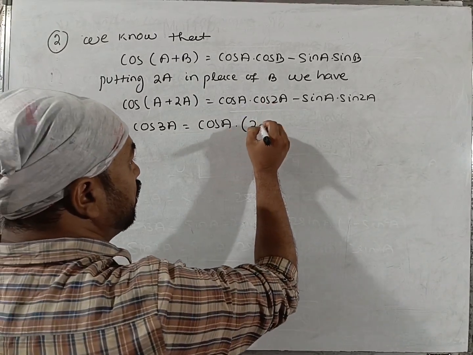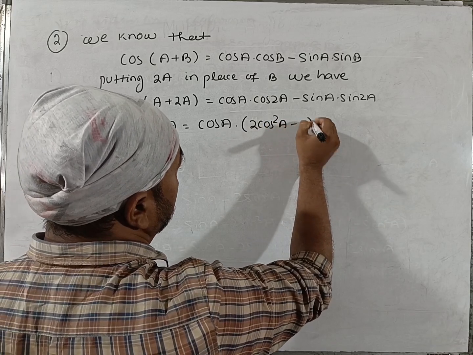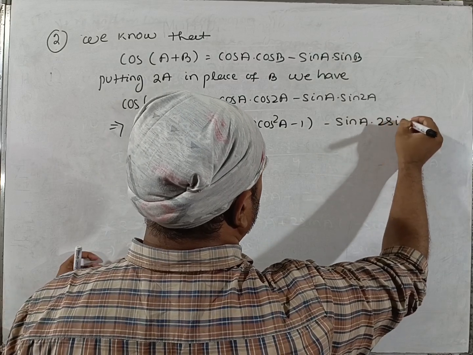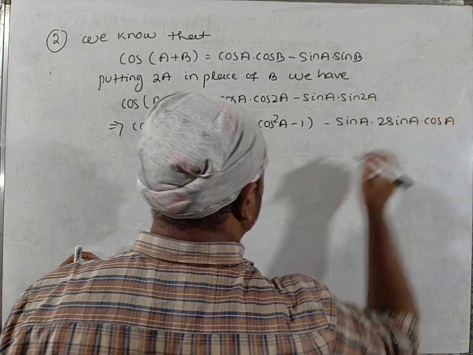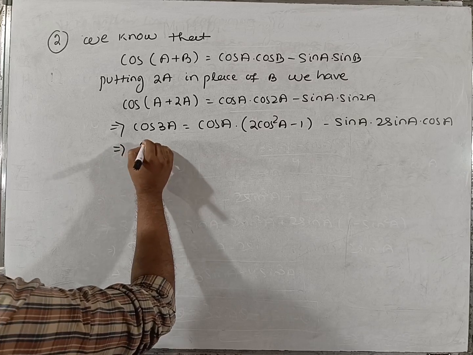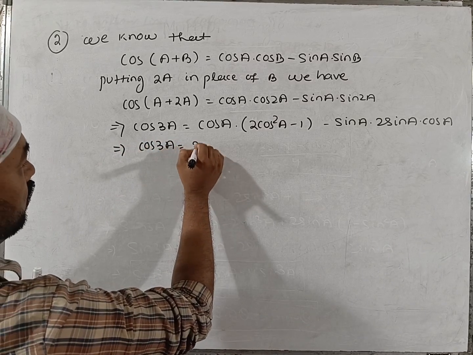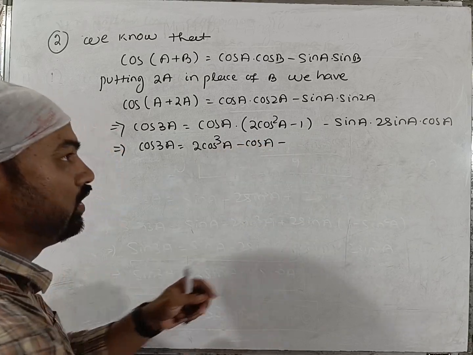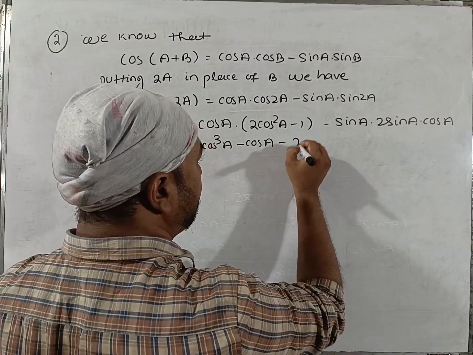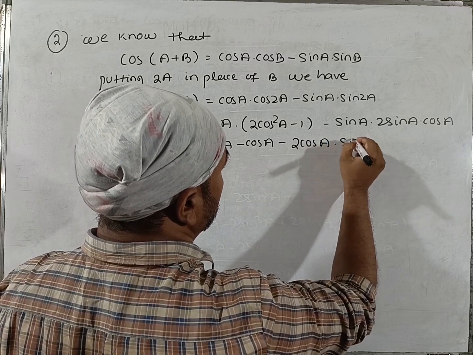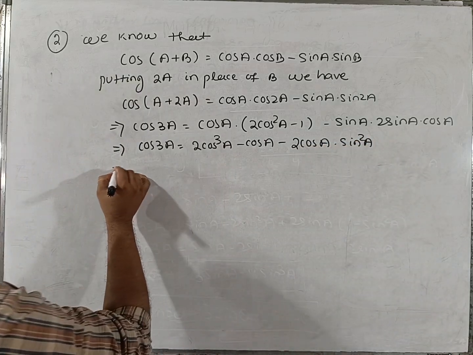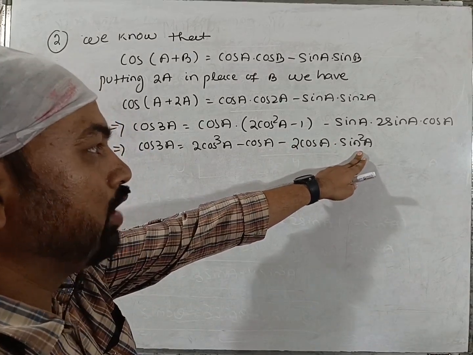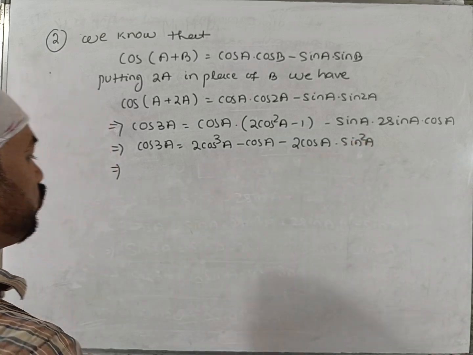That means it is 2 cos square A minus 1, minus sin A. In place of sin 2A, we have to put 2 sin A into cos A. Then cos 3A is 2 cos cube A minus cos A minus 2 cos A into sin square A. We have to put sin square A as 1 minus cos square A.